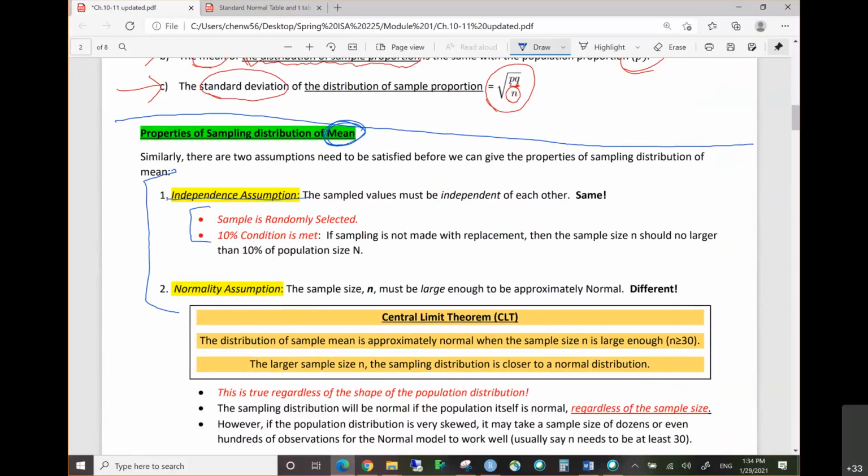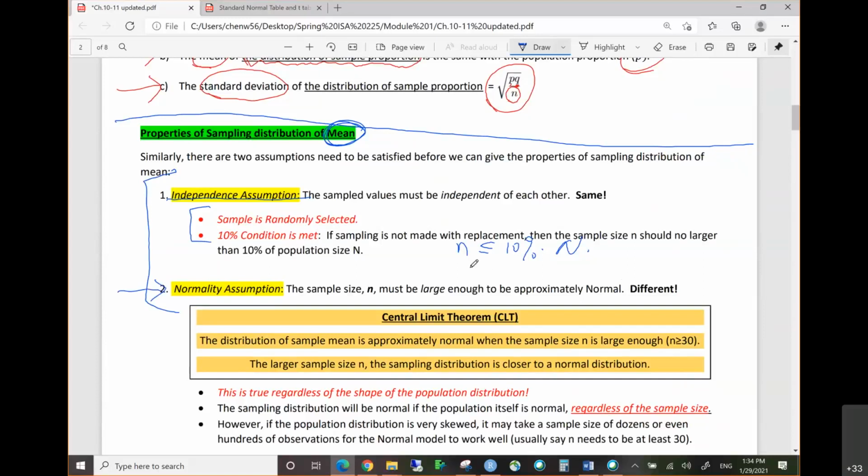You need to be sure the sample is randomly selected, and your sample size should be less than 10% of the population size. The difference is the second assumption, the normality assumption.